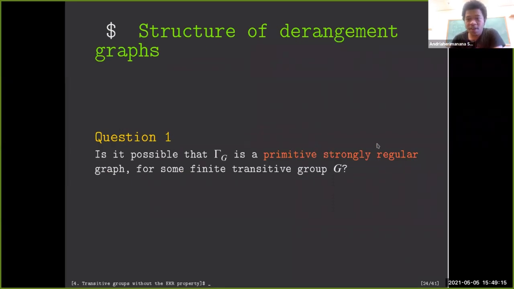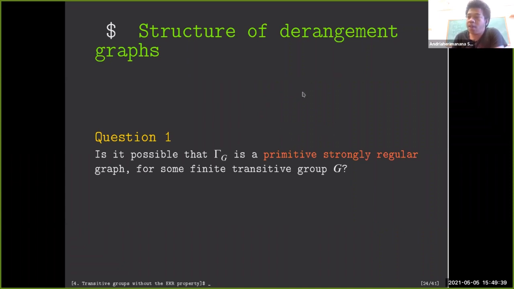And maybe this is, I actually don't know if this is an easy question or a difficult question, but here we have derangement graphs that are complete multipartite graphs with the same part sizes. So in other words, they are actually strongly regular graphs.